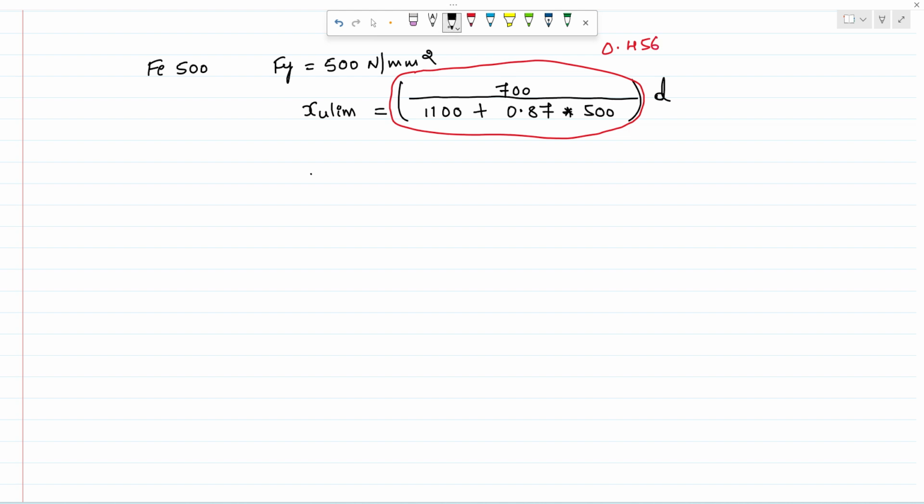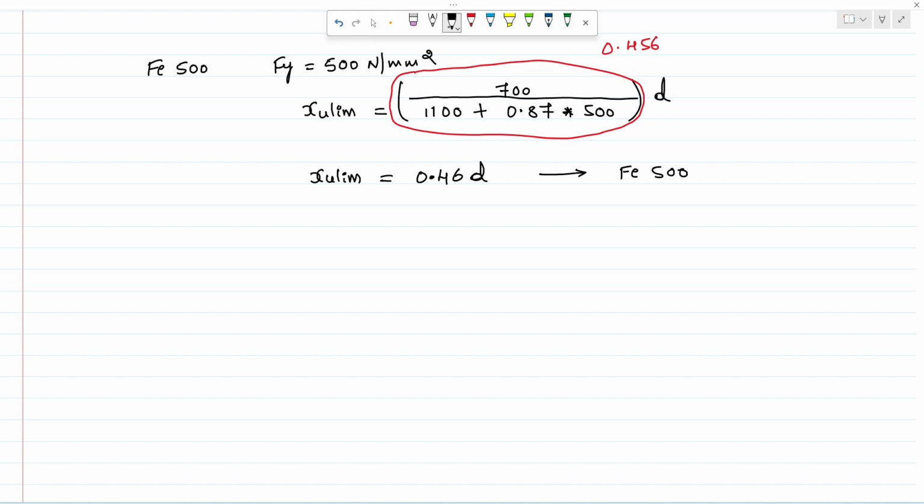So final expression will be XU limit equals 0.46 times D. So this is for Fe 500 grade.